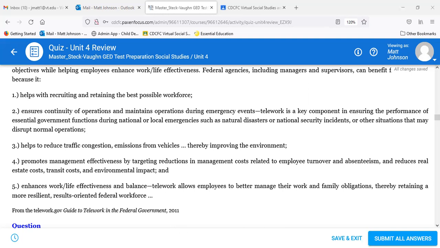And 5, enhances work-life effectiveness and balance.